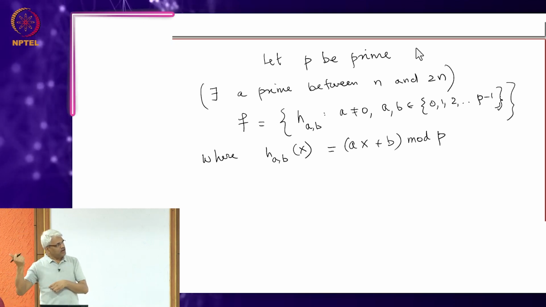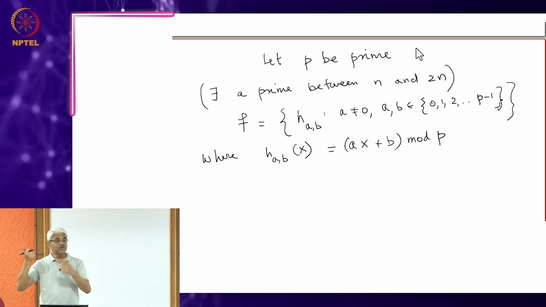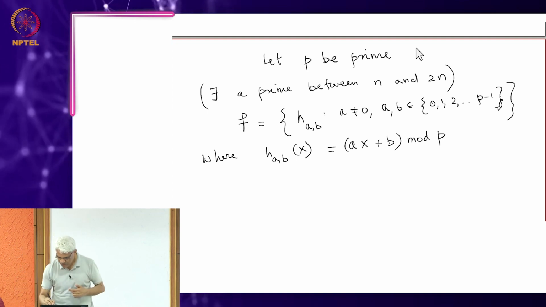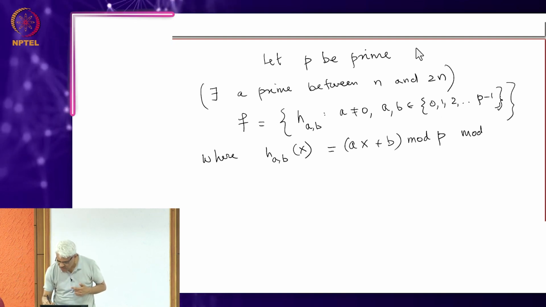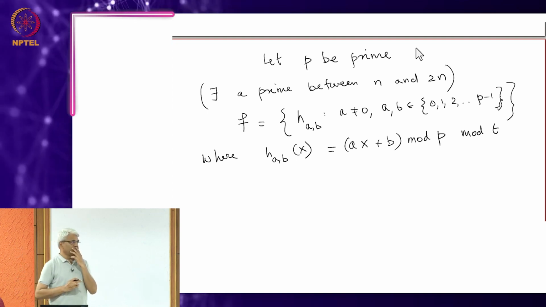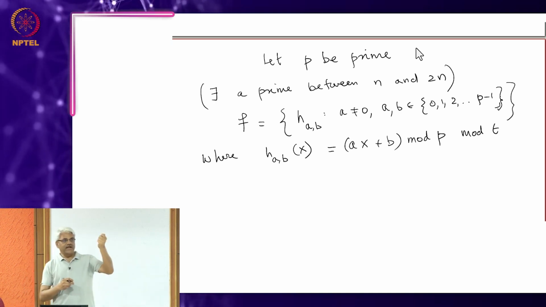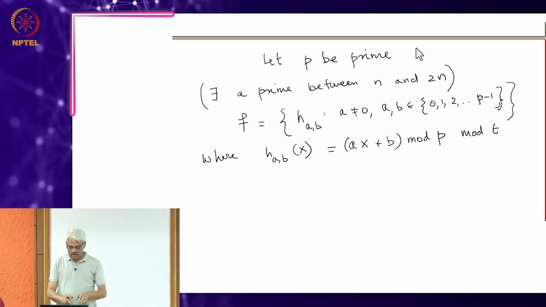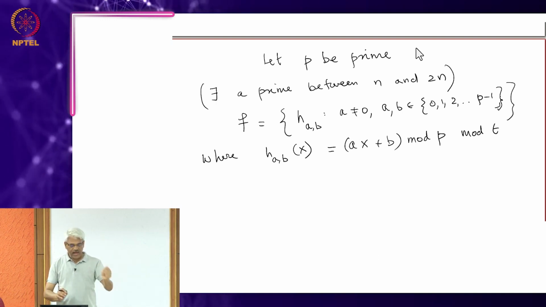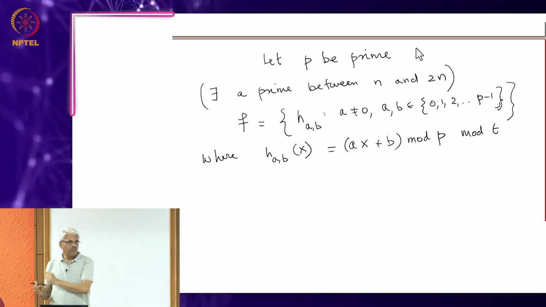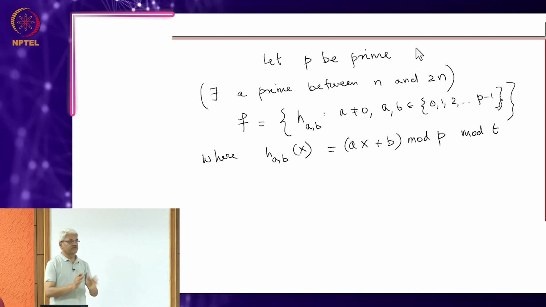What is the range I want? 0 to t minus 1. So I do a mod t. So any element x from the universe comes, and ax plus b mod p mod t, that is all, that is the family of functions.